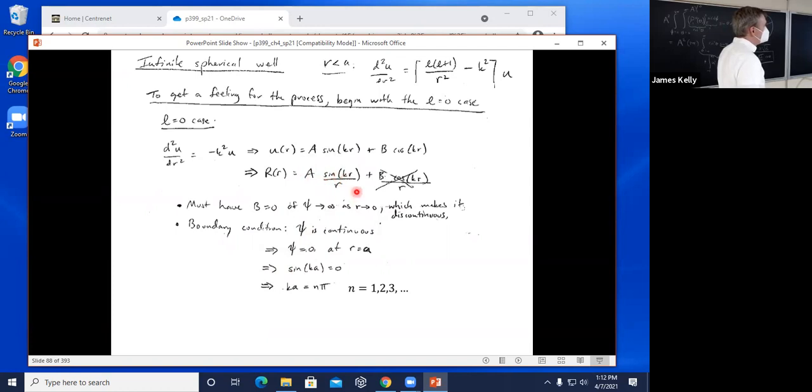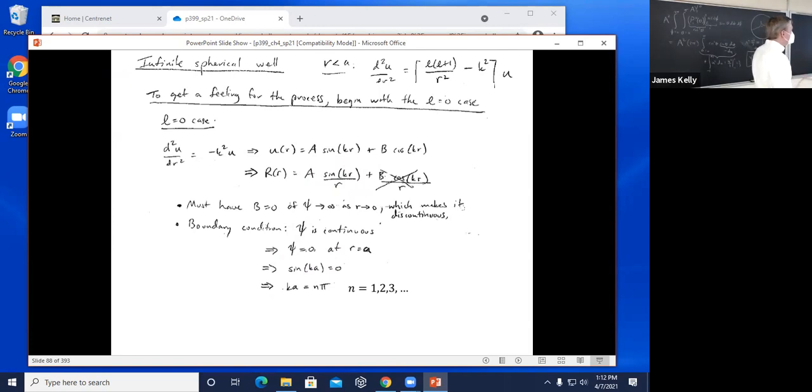Dividing by something can't make the ratio 0. The only way to make this whole thing 0 is to make the numerator be 0 when I plug in r equals a. And so sine of ka has to be 0. And just like before, that means ka has to be equal to an integer multiple of pi.